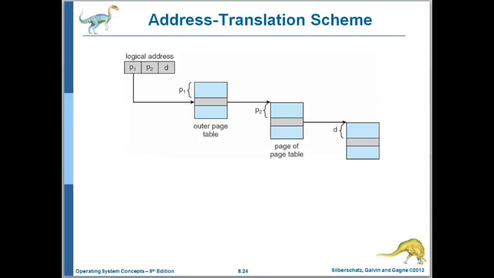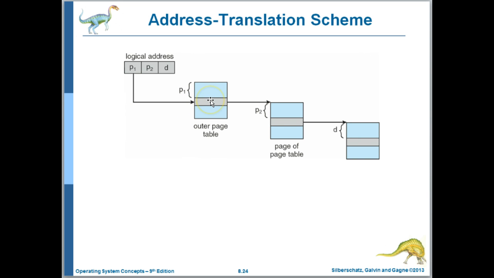So here's how an address translation would work. Remember, we still have the page table base register that points to the base of the outer page table and the page table limit register. So the outer page number is used to index into the outer page table.